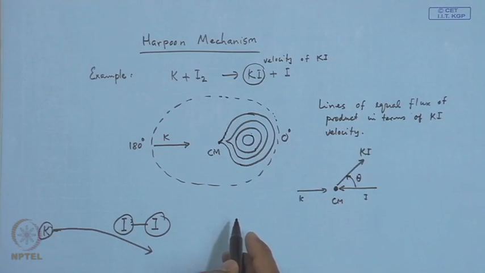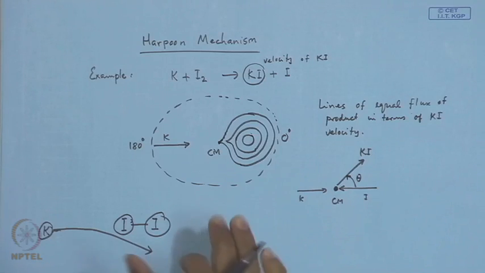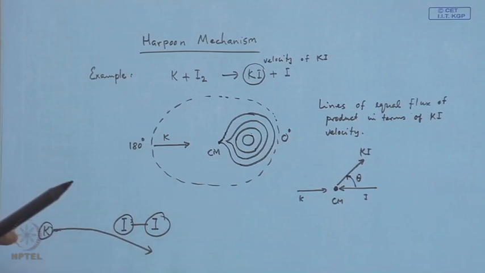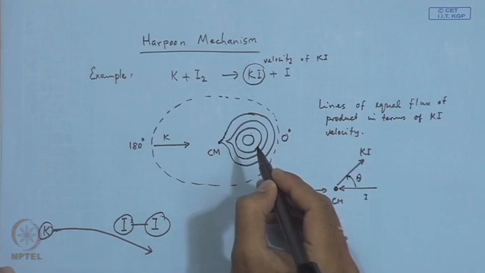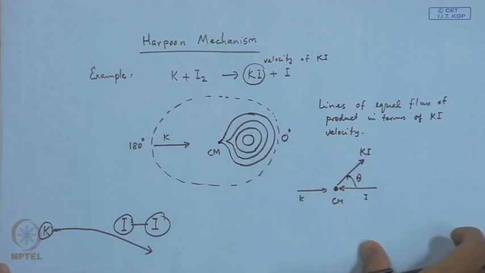Okay. So, translation energy is not that much. So, KI is highly internally excited, not much velocity, low energy release into translation. Okay. So, the formed KI should be internally excited.